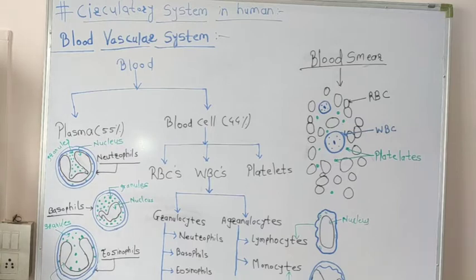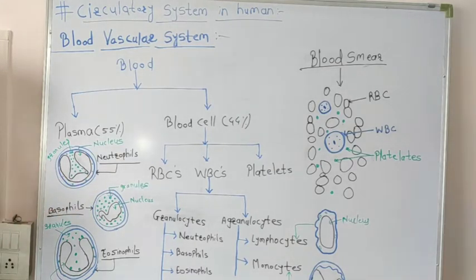And in male and female there is a different average number. In male it is 5.1 to 5.8 million per mm cube, and in female the average number of RBCs is 4.3 to 5.2 million per mm cube, and every cell has its lifespan.